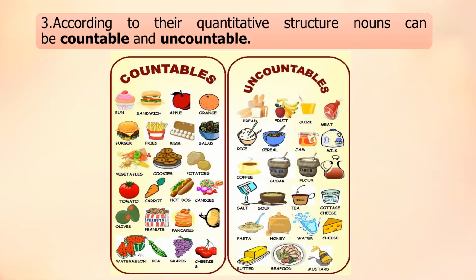According to their quantitative structure, nouns can be countable and uncountable. Countable nouns, as an example shown in the picture, could be French fries, eggs, salad, apple, pancakes, etc. And uncountable nouns are a mass of things, which is rice, cereal, fruit, juice, bread, etc.